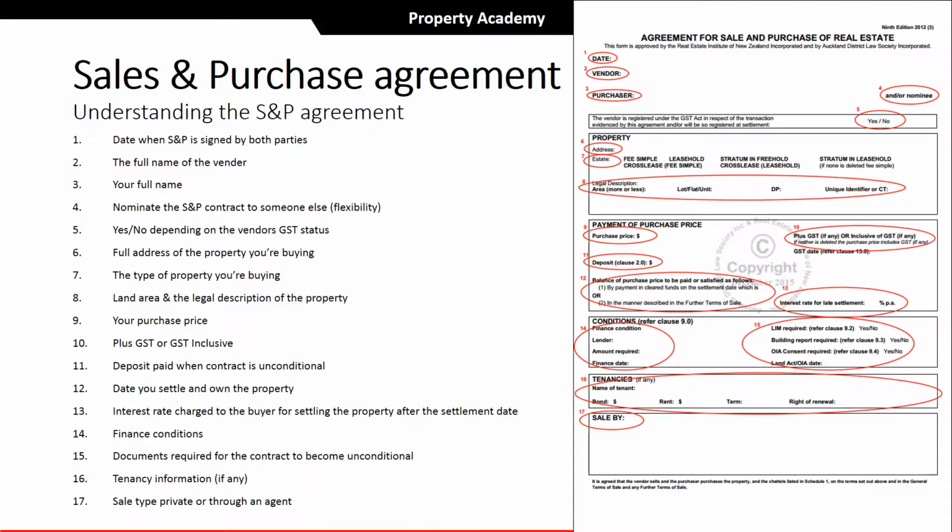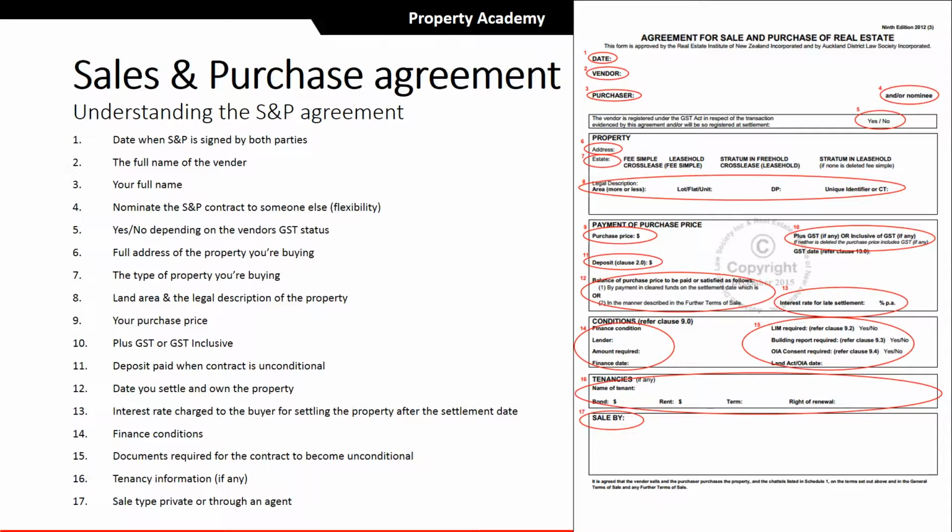That gives you the purchase price of $434,782.60. This is your purchase price, and that's what you'd be writing in the purchase price section, and you'd be circling the plus GST, if any. And again, this is calculated by removing the GST portion off the $500,000 purchase price, being 15%.